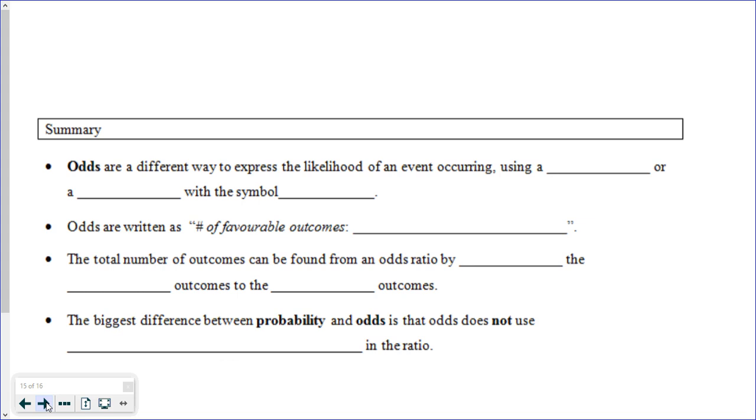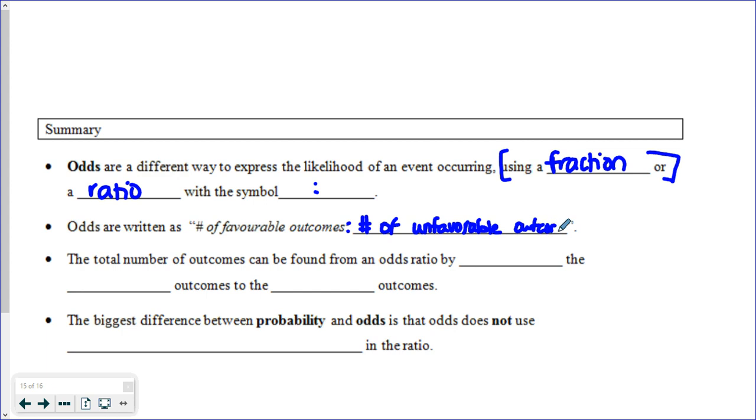So onto the summary. Odds are a different way to express the likelihood of an event occurring using a fraction. Actually, I don't like the fraction. Using a ratio with the symbol colon. So odds are written as the number of favorable outcomes to the number of unfavorable outcomes.